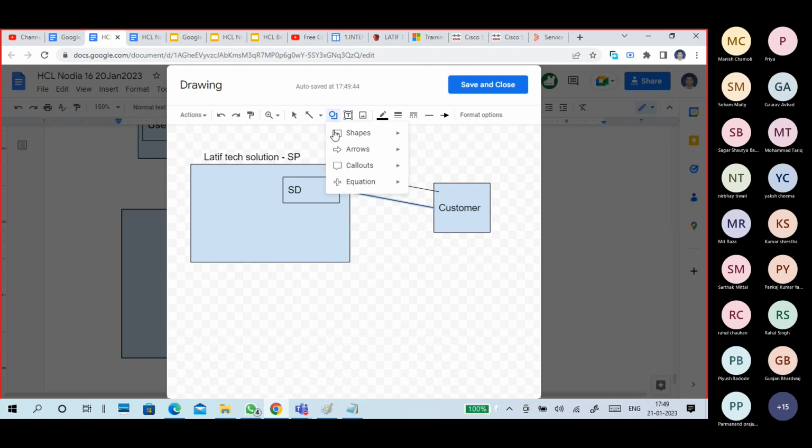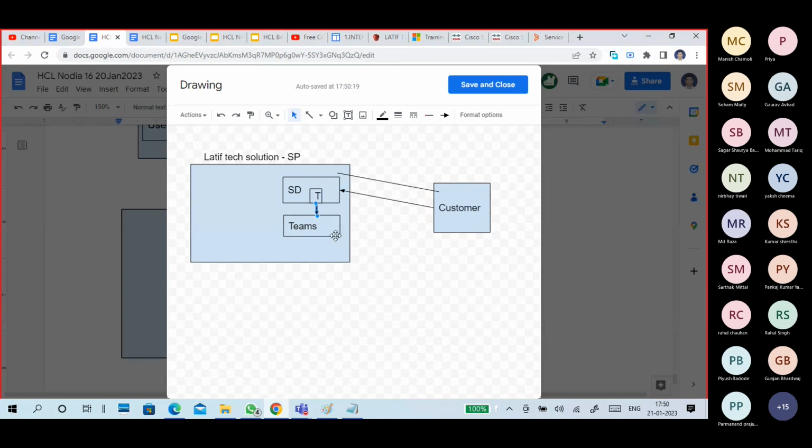Okay, what will the service desk do? It will create a ticket, and this ticket they will either assign to themselves or send to a particular team or group.